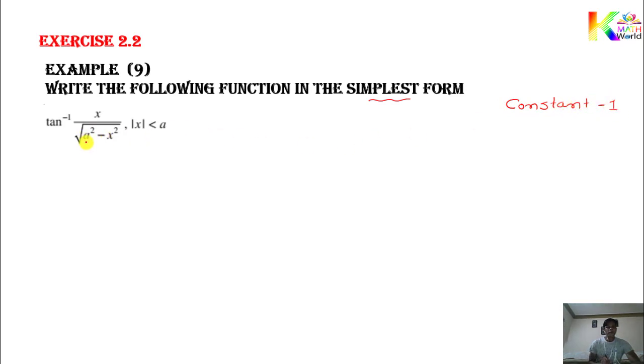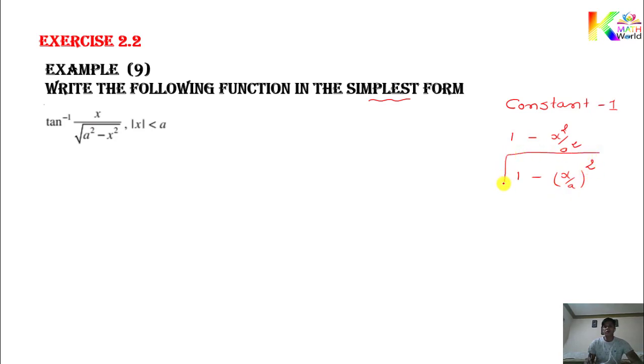So when the constant becomes 1, we divide this thing by a square. Then a square by a square is 1, minus x square by a square. So you got 1 minus x square by a square, which can be written as x by a whole square.